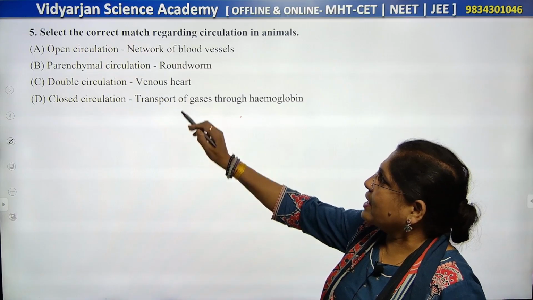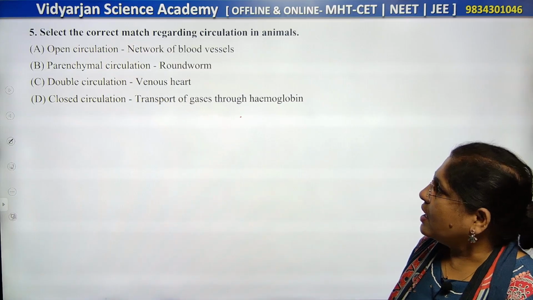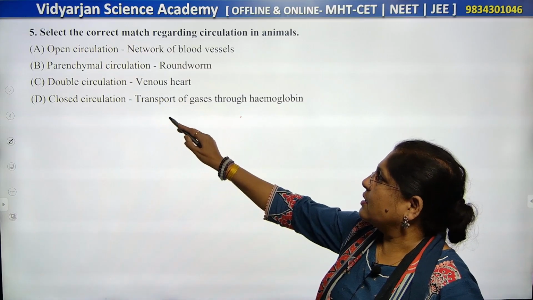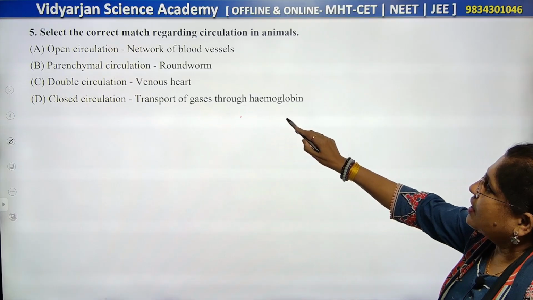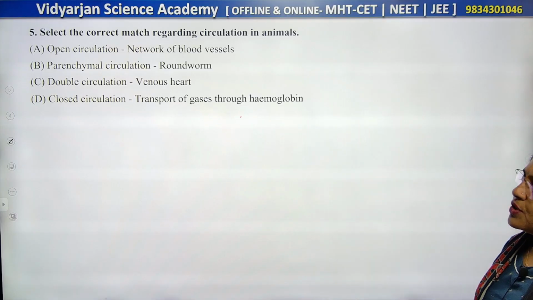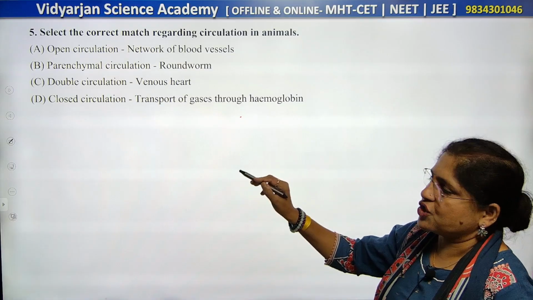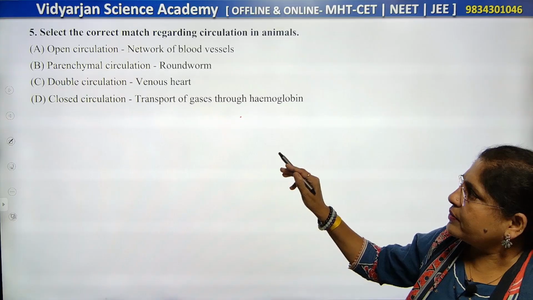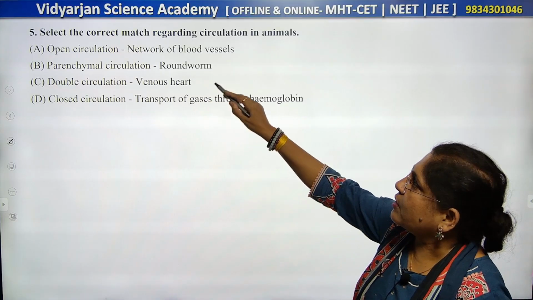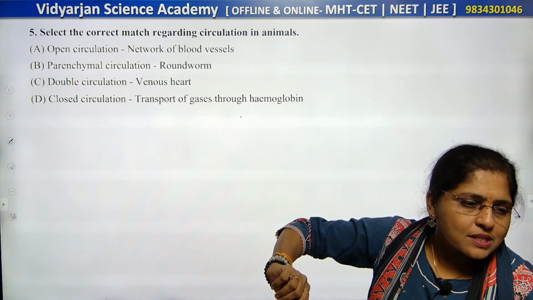Then double circulation, venous heart, and closed circulation, transport of gases through the hemoglobin. What are they asking us? They are asking us for the correct match. If you think carefully, open circulation, they don't have the blood vessels.